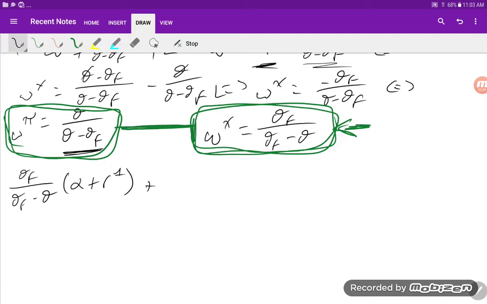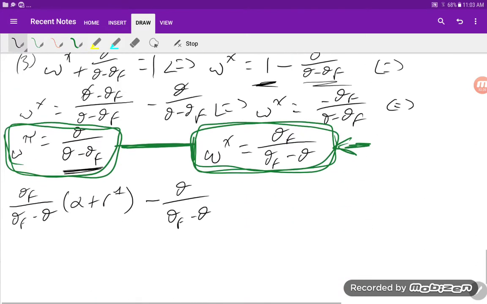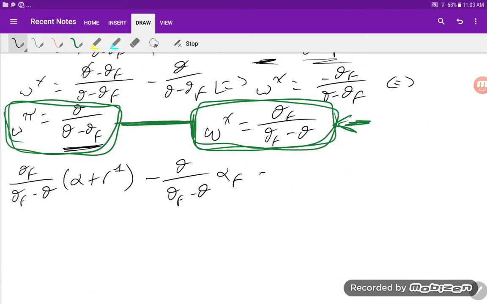I want to immediately get it into a common denominator, so I'm going to instead subtract, so I get minus sigma over sigma subscript f minus sigma instead. And then alpha f equals the domestic rate, so these two are the same.